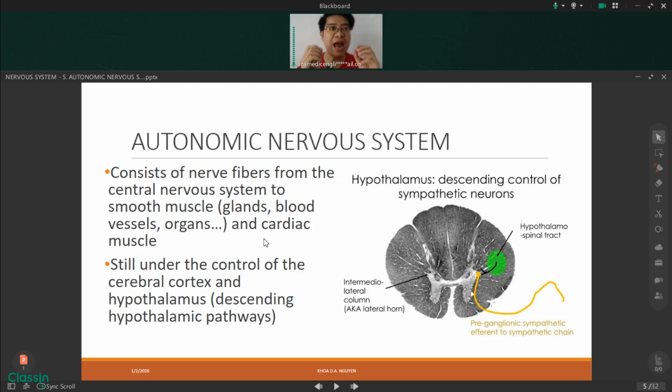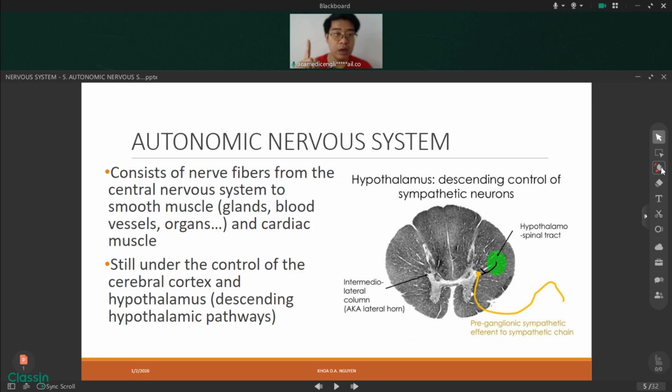From the hypothalamus, from the anterior and posterior nuclei of the hypothalamus, there will be branches that go through the brainstem down to your spinal cord to control your sympathetic nervous system and parasympathetic nervous system.